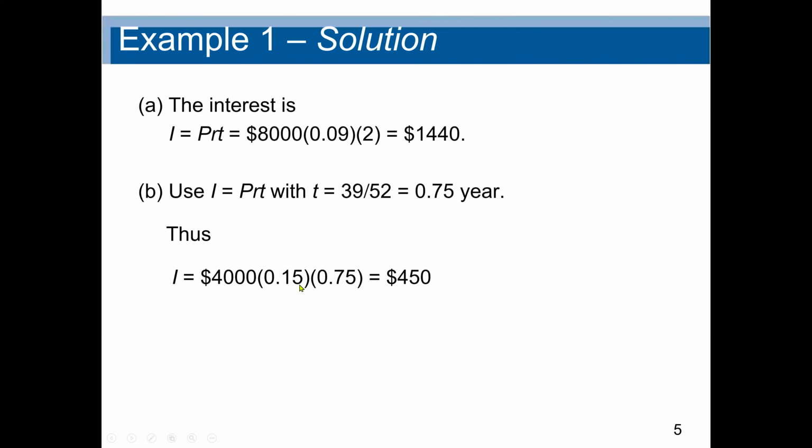We change it to decimal. Again, if you have any amount in percent, you divide by 100 to change the value to decimal. So 15% is 15 divided by 100, which gives us 0.15. Then the time period, we convert it to yearly instead of weeks. So 39 weeks divided by 52 gives us 0.75 year. So after the calculation, we get $450 for the interest.